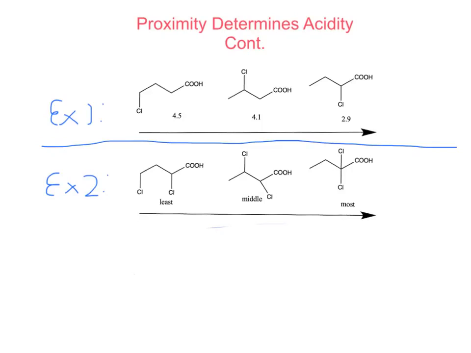And then once again, if you have 2 chloride ions on the carbon connected to the carboxylic acid, it's going to be much more acidic than either of these two, because you have 2 chloride ions right next to the carboxylic acid instead of one here and then one here, or one here and one on this carbon that's as far away as possible from the carboxylic acid. This ties together how the larger number of electronegative substituents and their proximity to the carboxylic acid contributes to the acidity of the molecule.